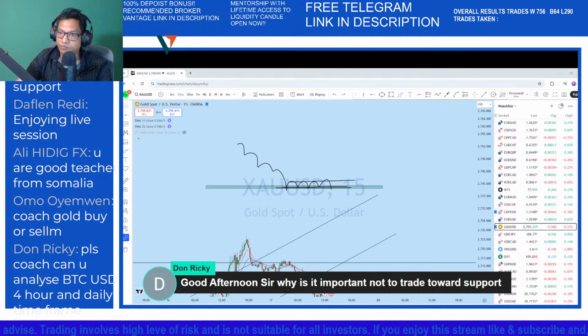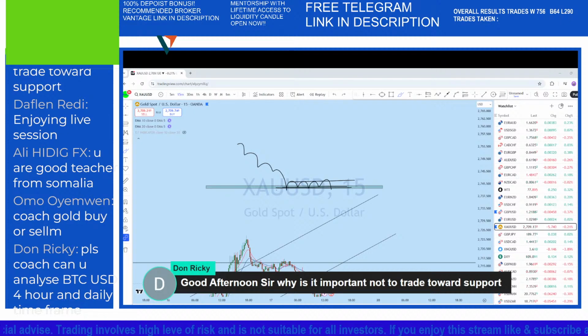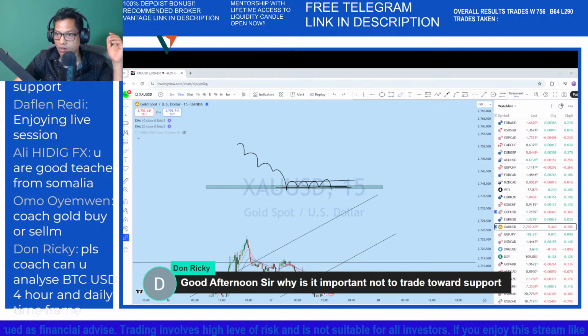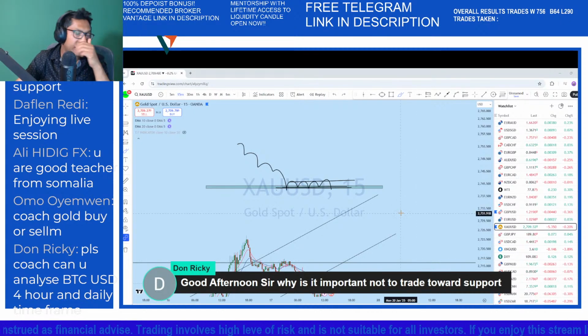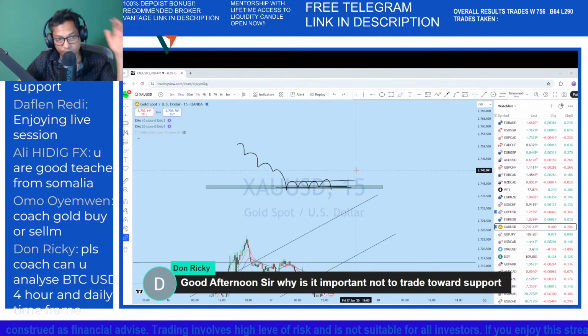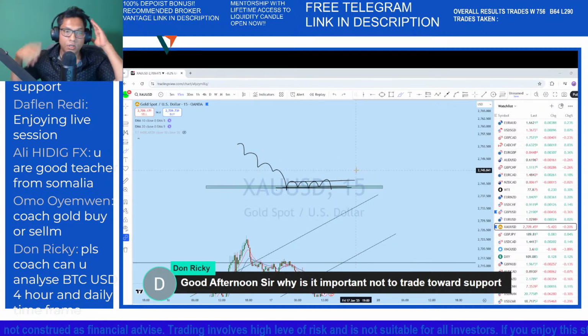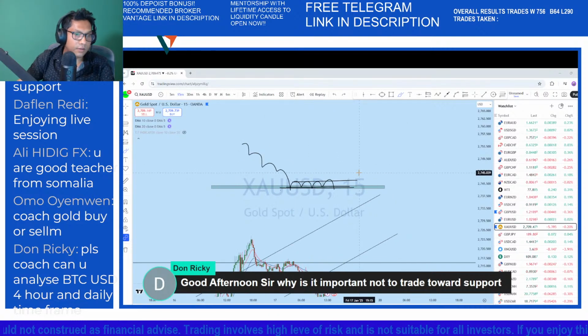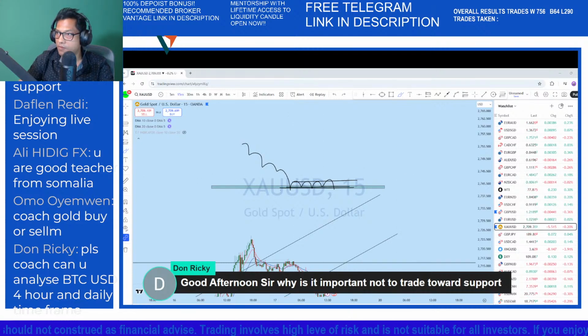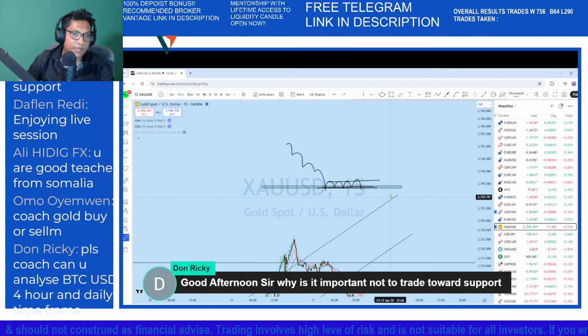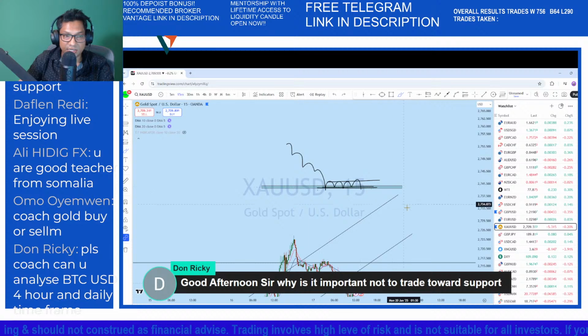And when the market is not on the support, we could see trend continuation.